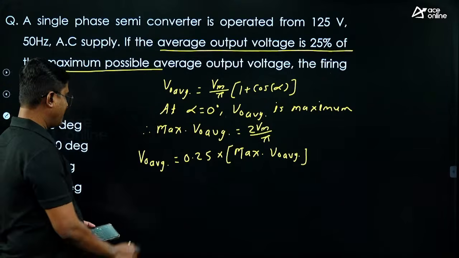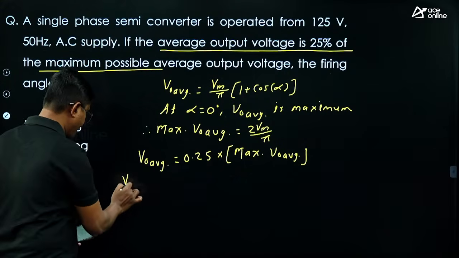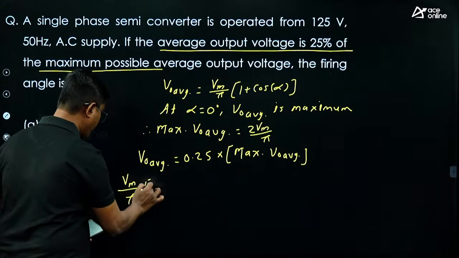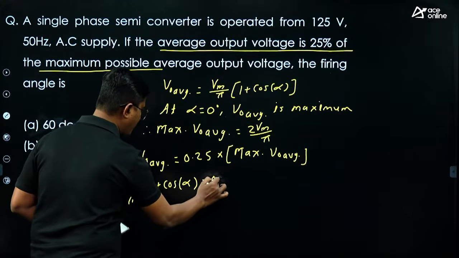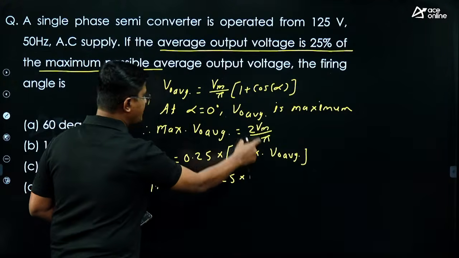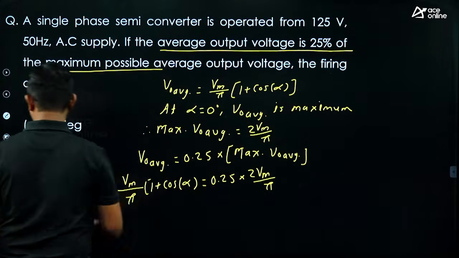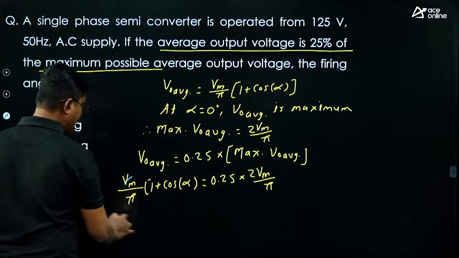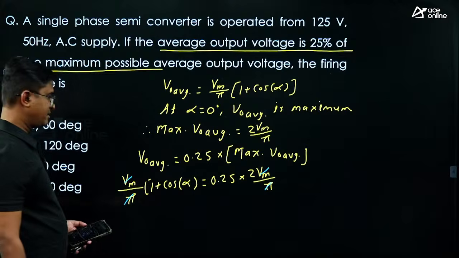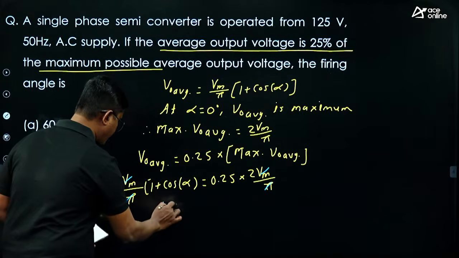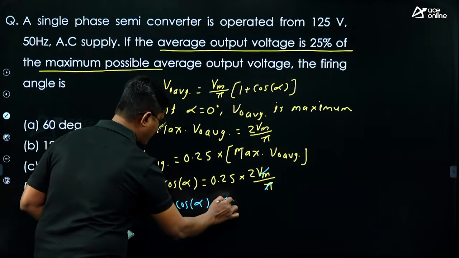Now how to simplify? V0 average expression is Vm by pi into 1 plus cos alpha. That should be equal to 0.25 into the maximum V0 average, which is 2 Vm by pi. Pi cancels out, correct? So 1 plus cos alpha equals 0.5.